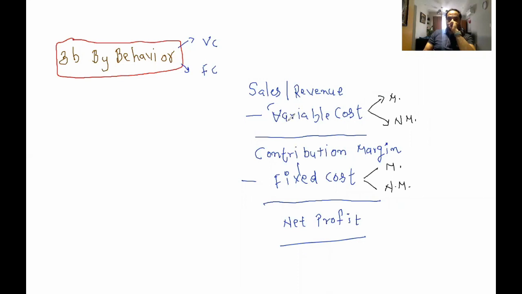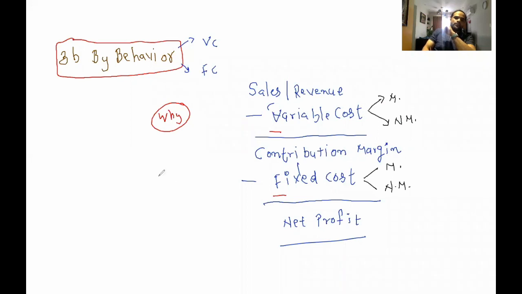Okay. So now the question is why we allocate cost into variable and fixed. Why not manufacturing and non-manufacturing?